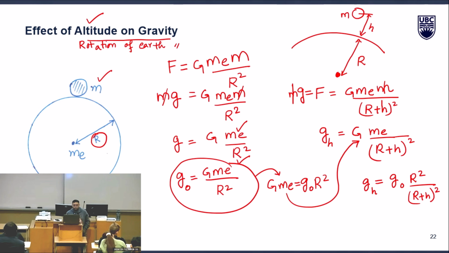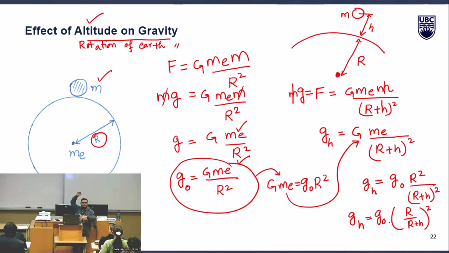So I have written the value of g at a particular height in terms of the value of g at the surface. And the value at the surface we can exactly determine from this expression. I can also write that as g h equal to g naught multiplied by (r over r plus h) whole square.